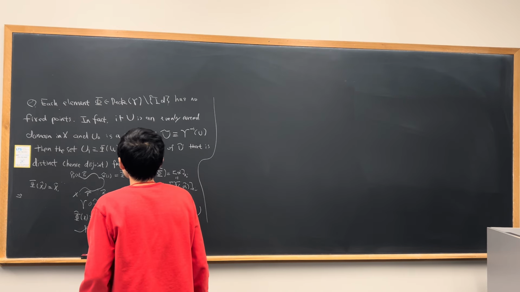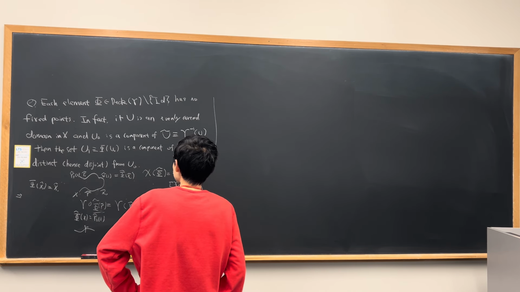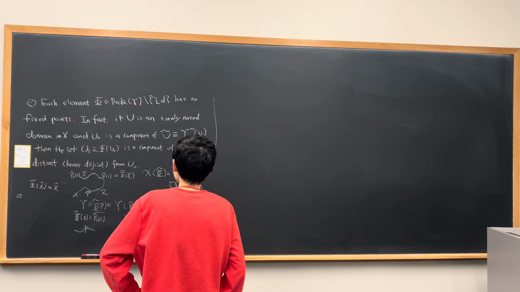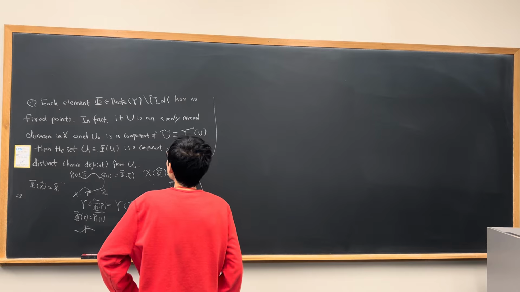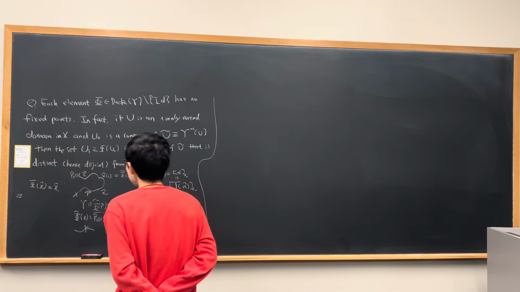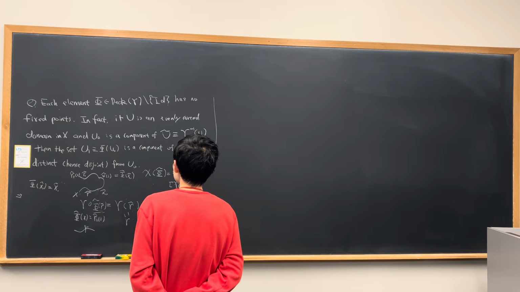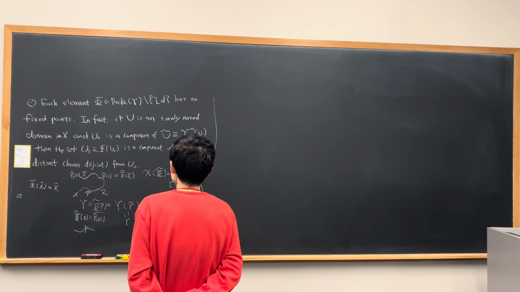So in fact, if U is an evenly covered domain in X, and U0 is a component of U tilde, which is gamma inverse of U, then the set U1, which is phi of U0, is a component of U tilde that is distinct.